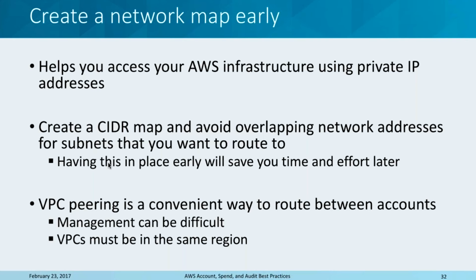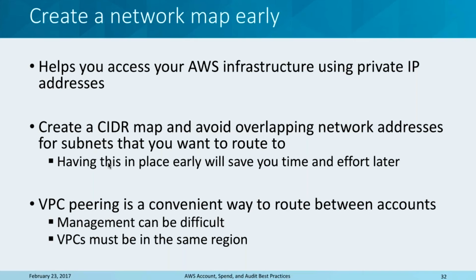Another thing that's kind of important: if you want to be able to route to your instances and other resources using private IP addresses, that is, you don't want to access them only through the internet, and of course you could set up very specific security group inbound rules to enforce security if you go through the internet.